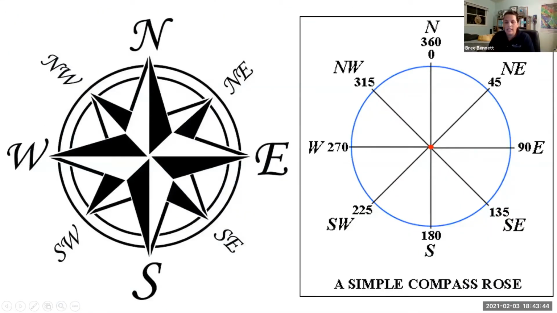When we talk about a compass, we're talking about direction. So we have north, east, south, and west. North is going to be pointing to that geographic true north spot on the top of the earth.